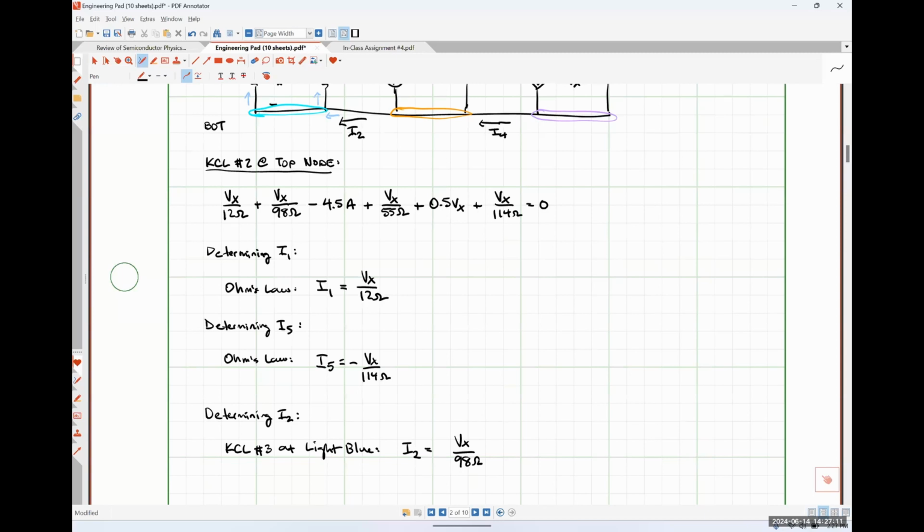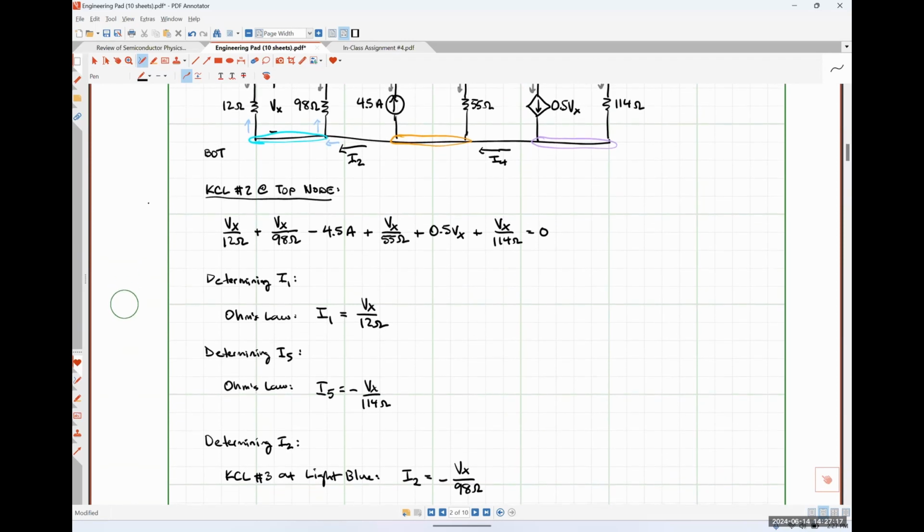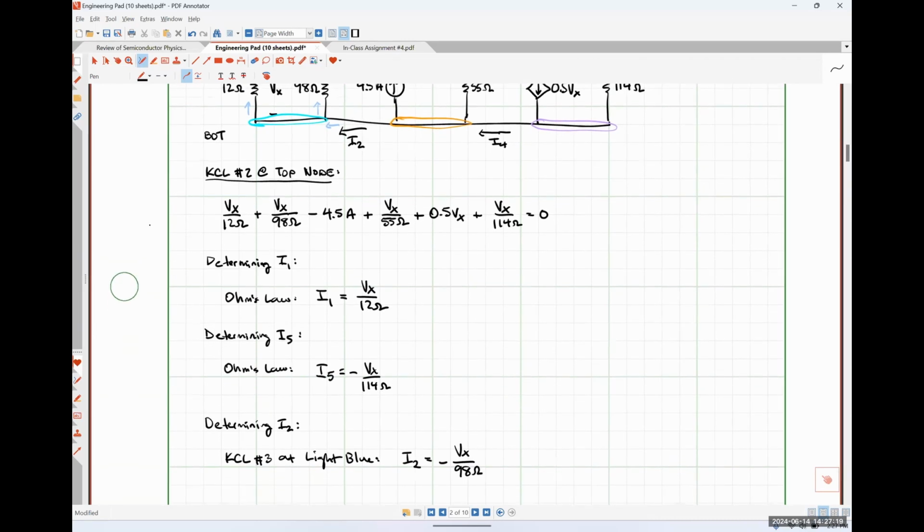And because the current is flowing into the negative polarity terminal, we put a negative sign. For the current that's flowing up through the 12 ohm resistor, we're going to do the exact same thing. So we're going to have Vx over 12 ohms. And because the current is flowing into the negative polarity terminal, we put a negative sign, and there we go. That's how we can solve for the current I2.